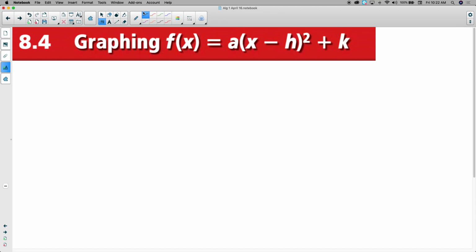Okay, so let's just roll into an example problem. I'm going to make the example f of x. I could name it g or h or anything I want. And it's going to be 2, so a is 2. And then I'm going to make a binomial, which I'm going to use x minus 1. It does get squared. And then I'm going to add to it 3, just to keep the numbers real basic.